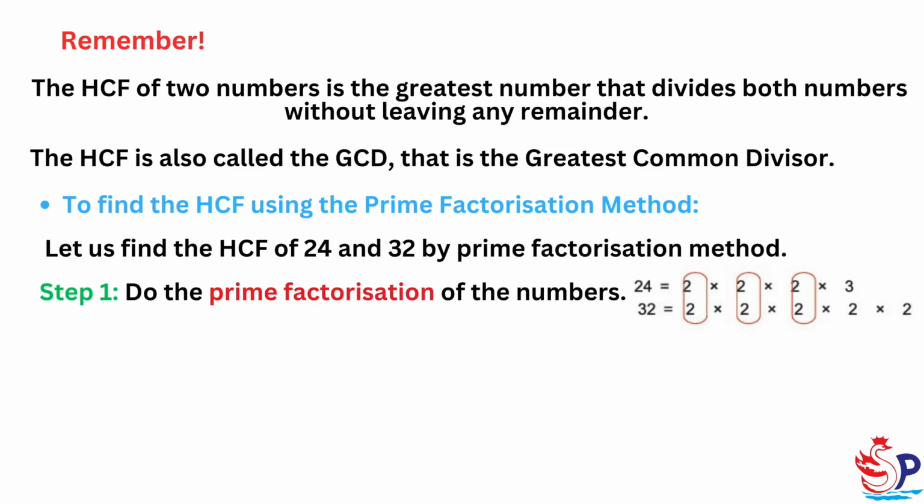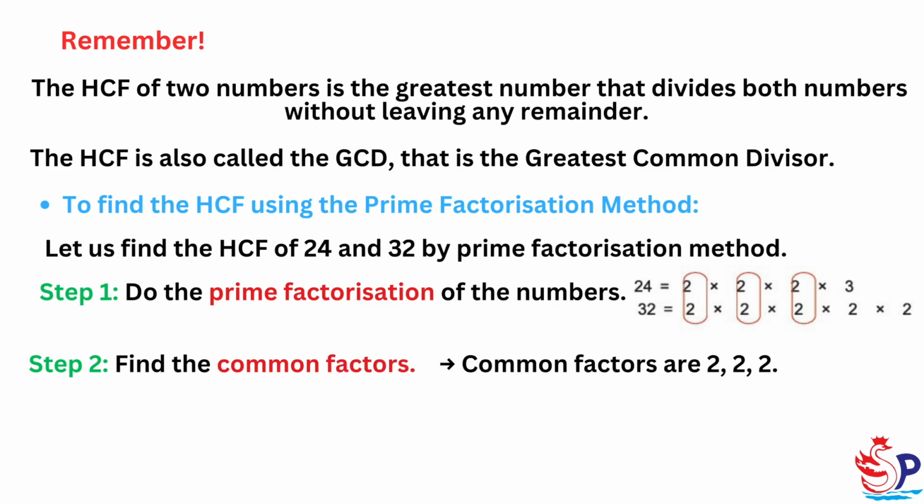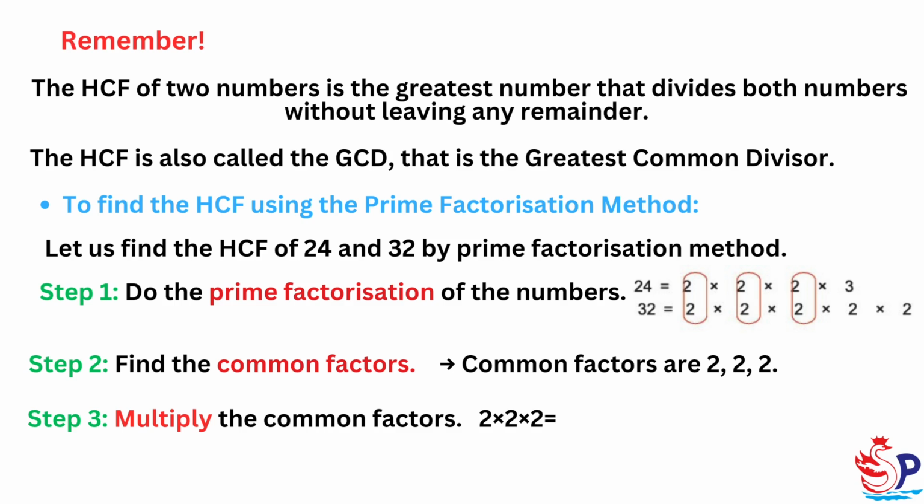Do the prime factorization of the numbers. Step 2. Find the common factors. Common factors are 2, 2, 2. Step 3. Multiply the common factors. 2 multiplied by 2 multiplied by 2 equals 8. Answer. HCF of 24 and 32 is 8.